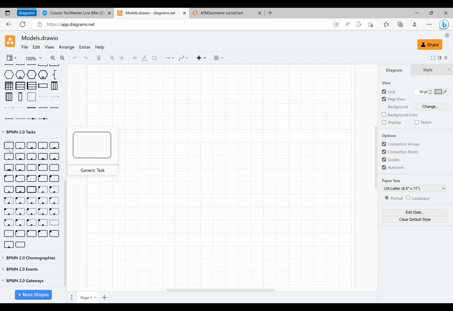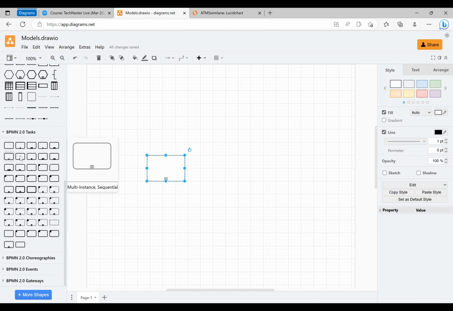So these are the different ways you can represent activities: multi-instance, compensation, manual processes, business rule, right? So it allows for a significant level of specificity. You can be very, very specific in your representation, because the expectation is that what you are modeling may be automated.